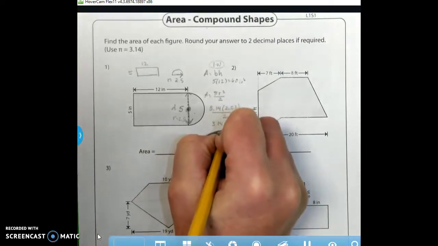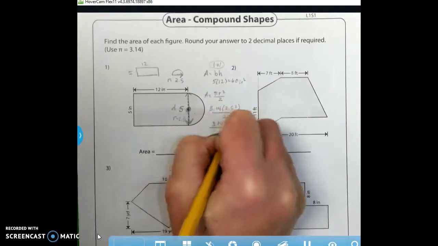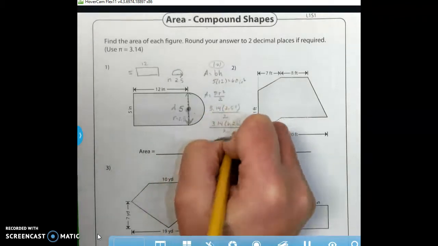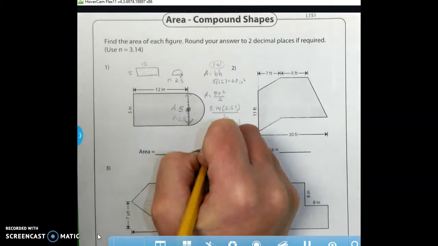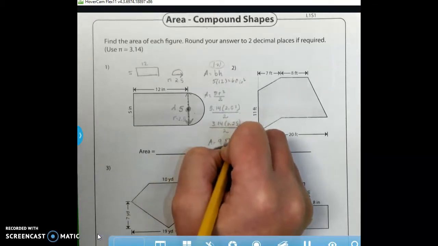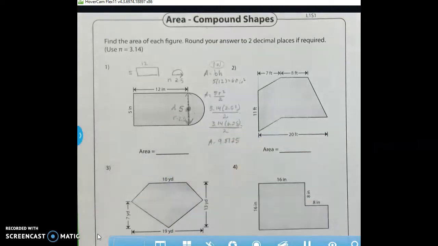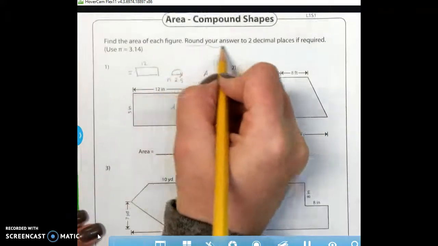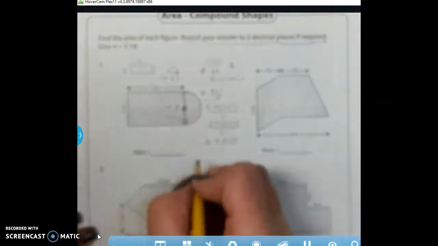Pi times 6.25 divided by 2 will give me an area equaling 9.8125. It does not divide very prettily and easily, but it's okay. You are only doing your rounding at the very end. So don't forget, rounding happens at the very end.